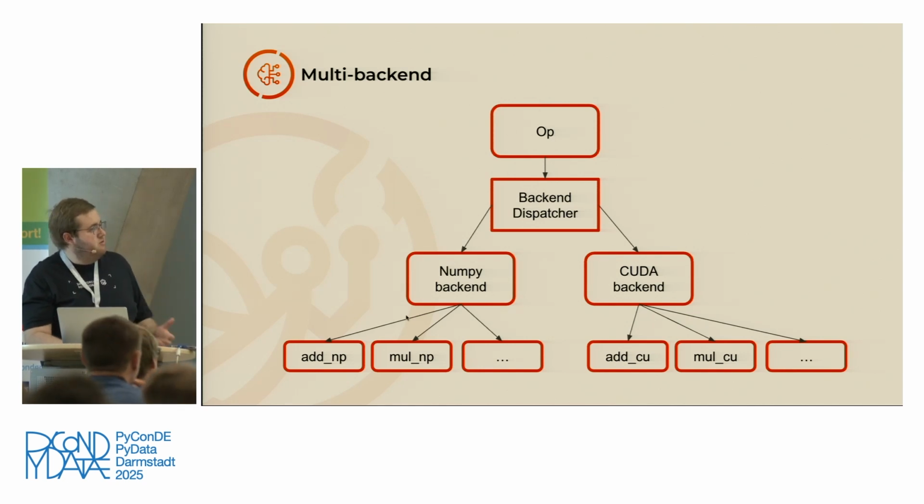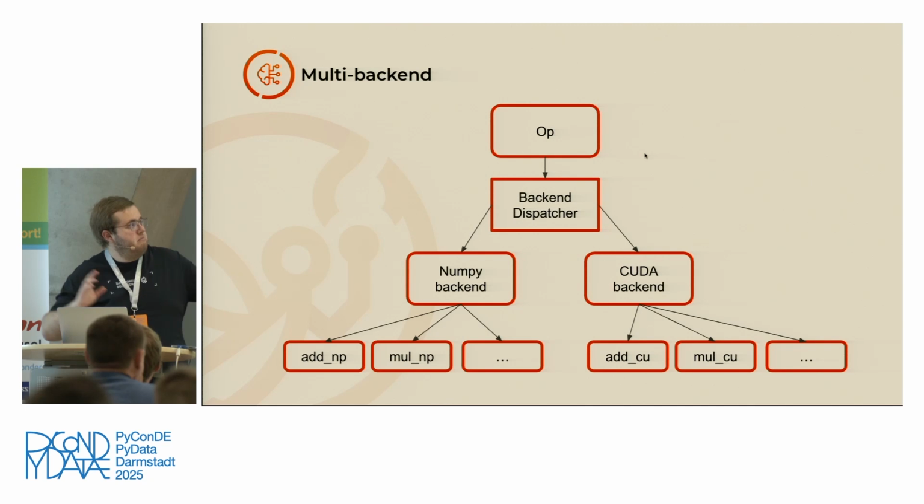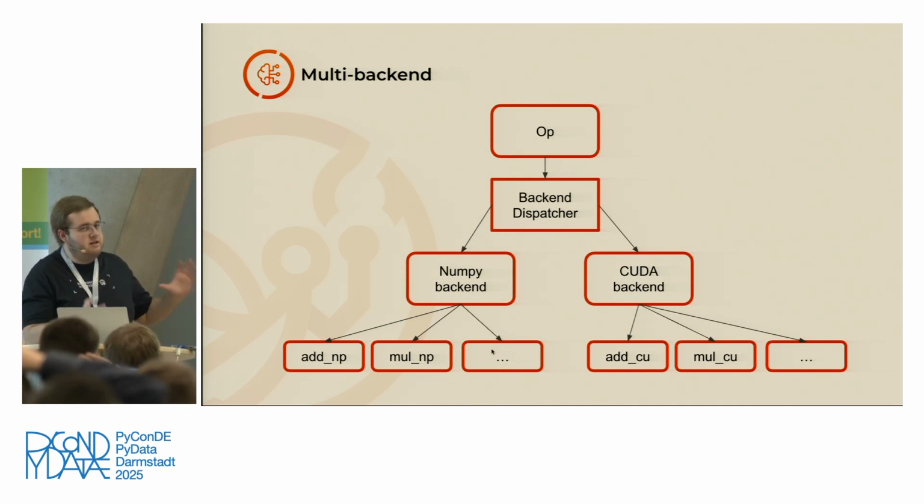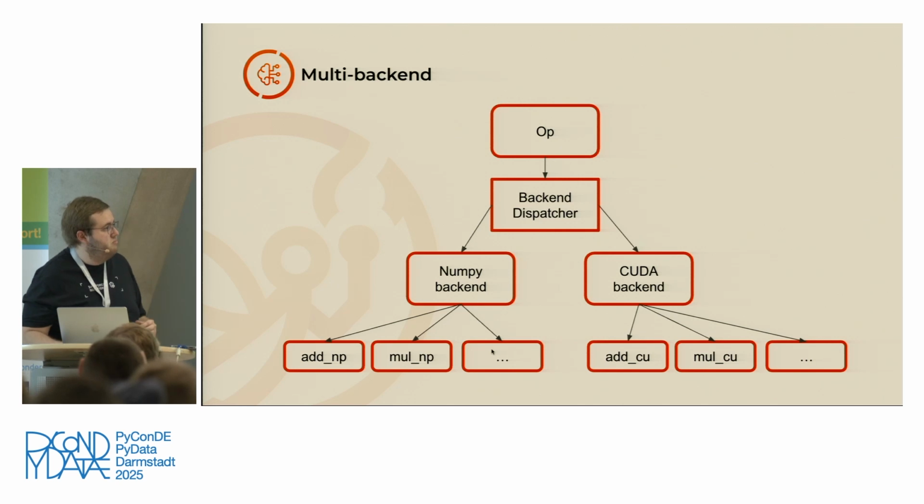In case we wanted to have several computational backends for CPU, CUDA, and so on, we could implement a sort of a backend dispatcher, for example, and this backend dispatcher will forward the computations to the respective backend, and each backend would implement a rather small set of the primitives.